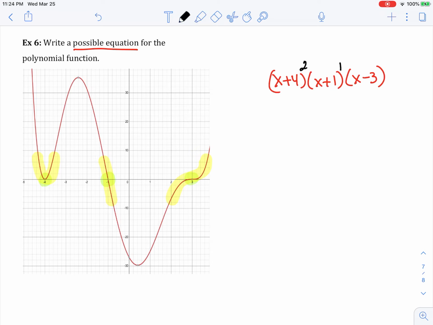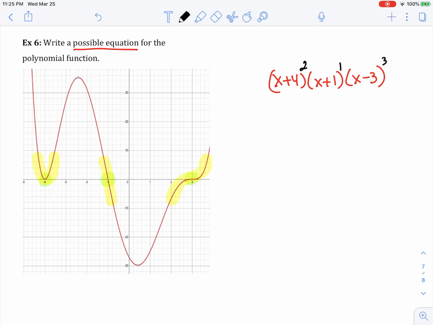So that means that on the factor of x minus 3, the multiplicity, the exponent, the power that it's raised to, would have to be something that is odd. And I'm just going to go with the smallest exponent of 3, but it could have been a 5, it could have been a 7. That's why, again, it's a possible equation.